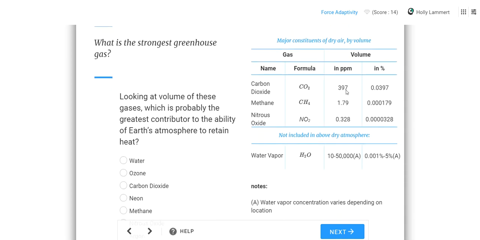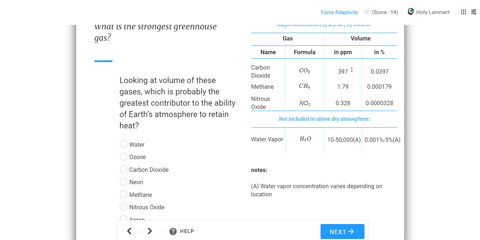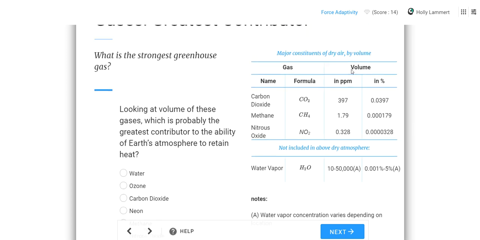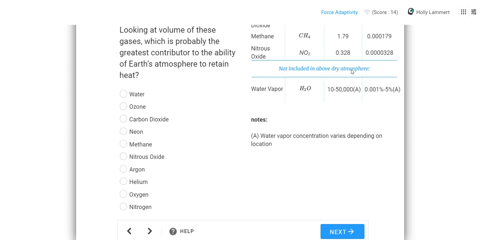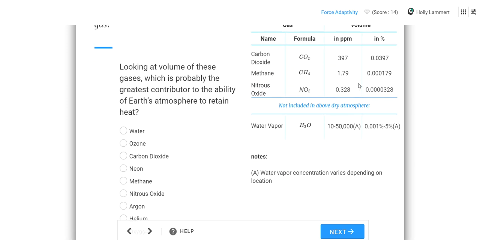So here we have the volume in both parts per million and percentage. This one has the highest amount, so probably water would be the greatest.